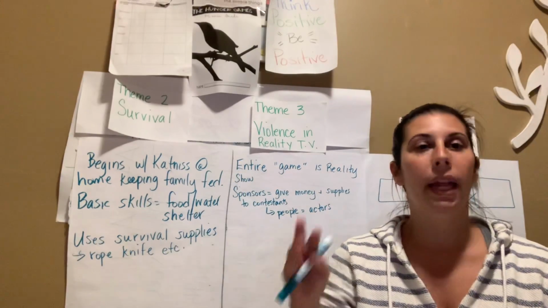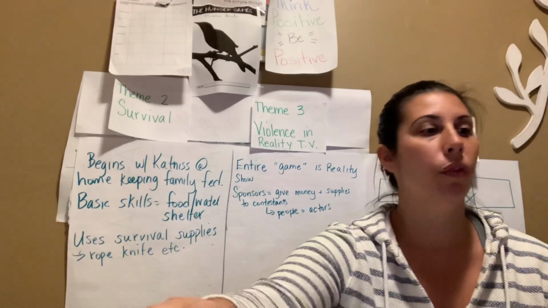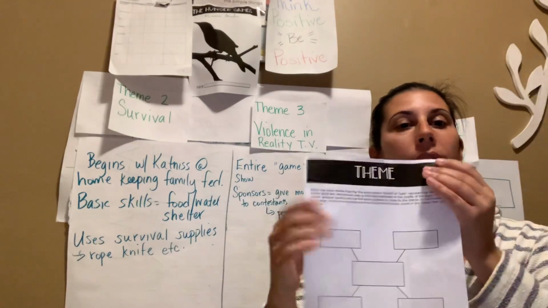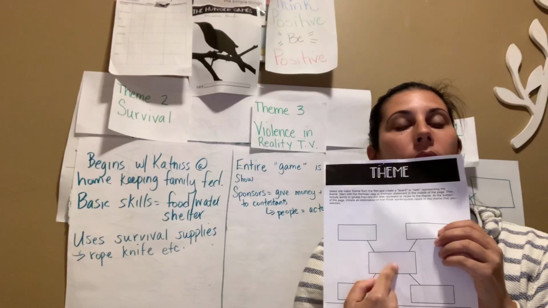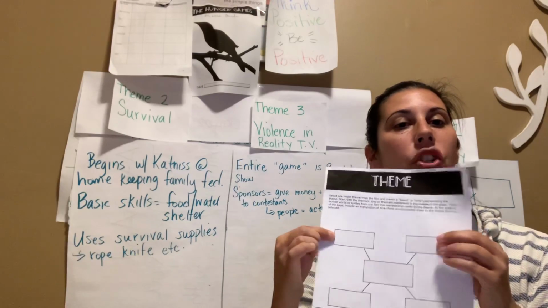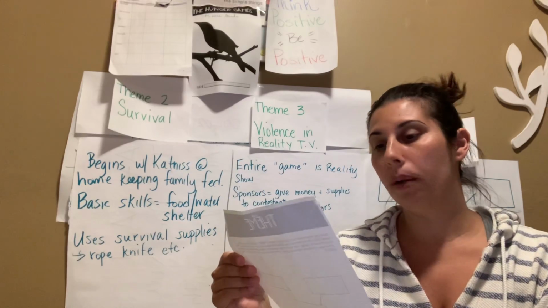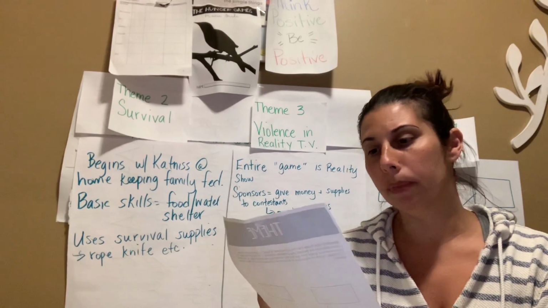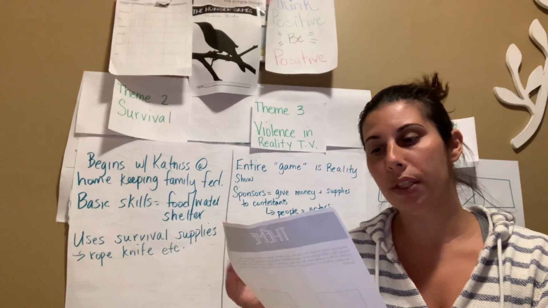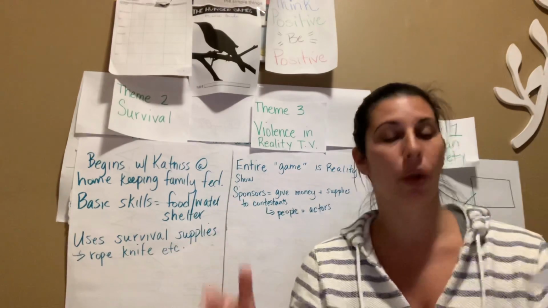Now, when I told you for the worksheet, right, it said, create a thematic statement in the middle, and then each side, each piece, you would provide some evidence, whether it be a quote, some words from the movie that represent your theme.